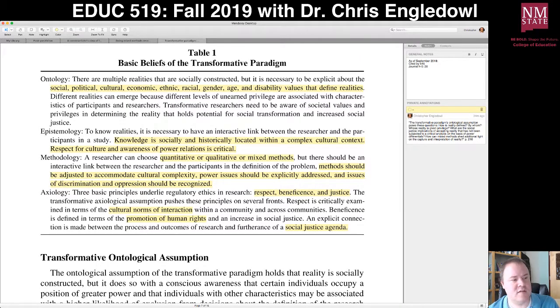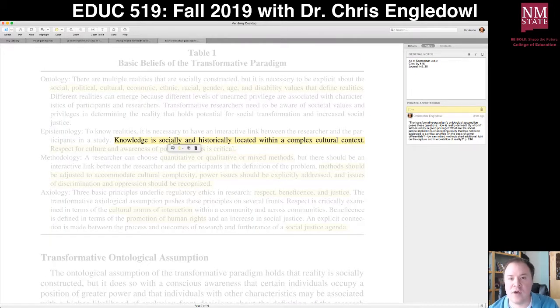And epistemologically, relating to knowledge and how knowledge is obtained or acquired, they say to know realities, it's necessary to have an interactive link between the researcher and the participants. Knowledge is socially and historically located within a complex cultural context. This also has a basis in what we saw in the postpositivist perspective and in constructivist perspectives.